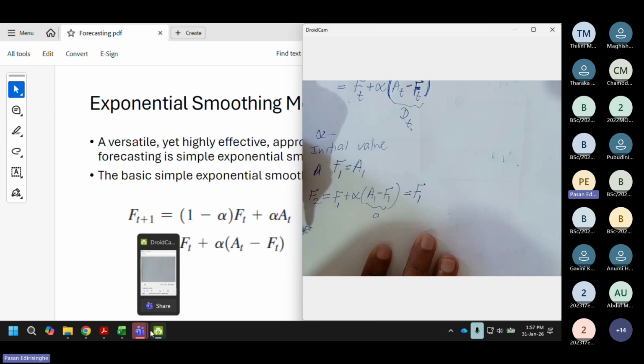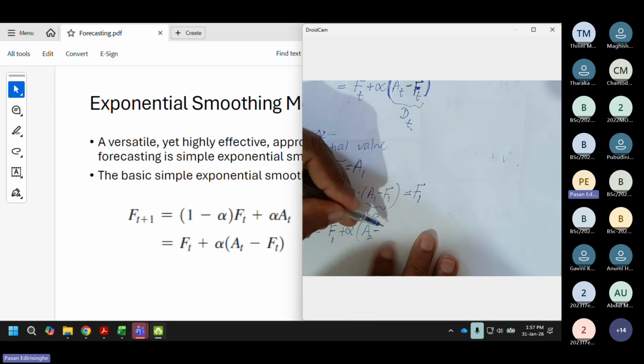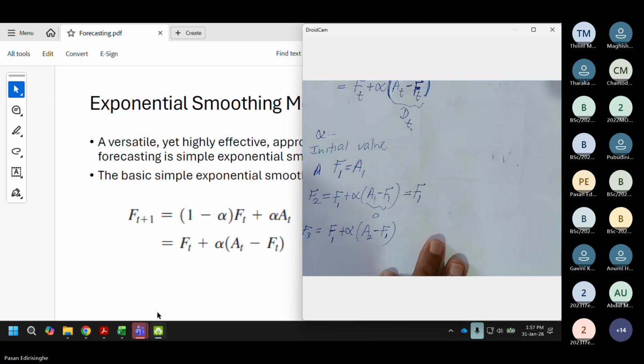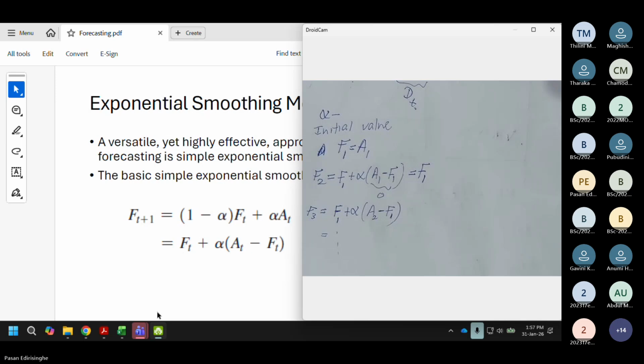But then F3, you can notice that will change. That's again F1 plus alpha times A2 minus F1. So this is a different number, right? So you can keep on seeing the calculations after that. That's how we can have the predicted values using the exponential smoothing technique.